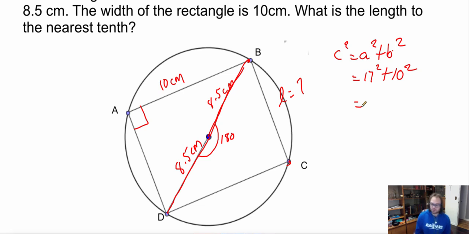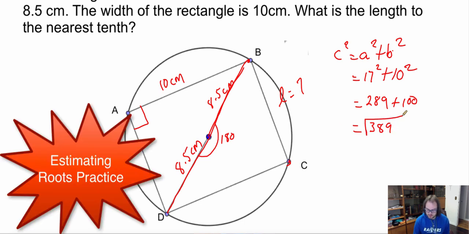Okay, now what is 17 squared? If you remember from before, you should have these memorized by now, it is 289. And 10 squared is 100. Alright, so now we add this up together. I'm going to get 389, and we're going to square root that to get c.